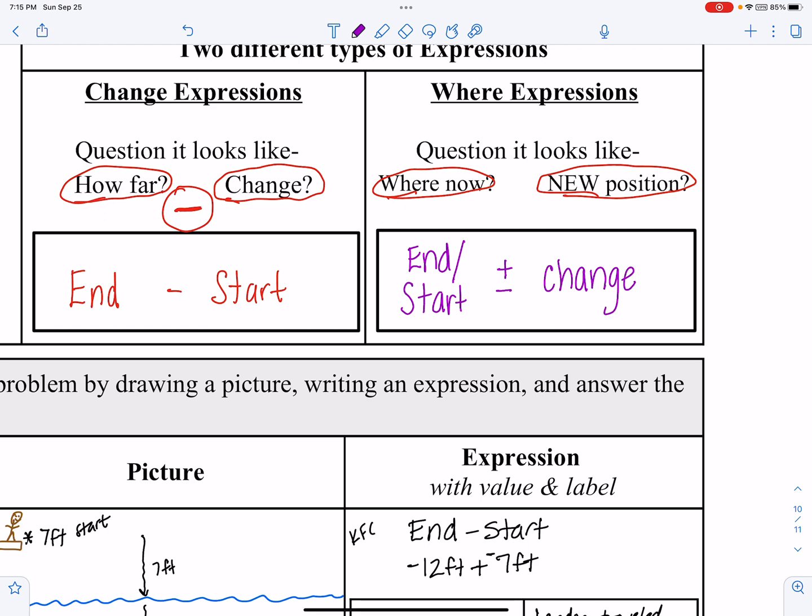If I happen to know the end time, and do one of these operations, we're going to add or subtract the change, and then you're going to end up getting the start time. If you know the start time, you're going to add or subtract the change, and it will end up giving you the end time. So that's how that works.